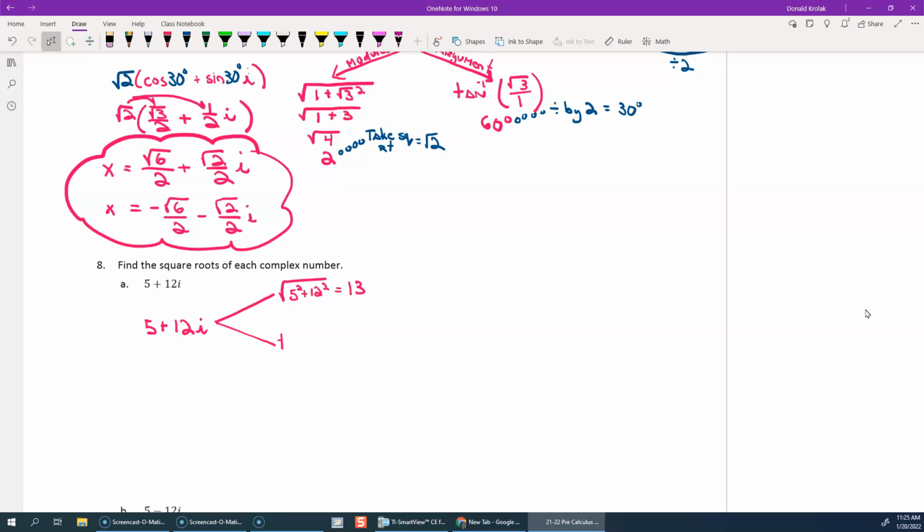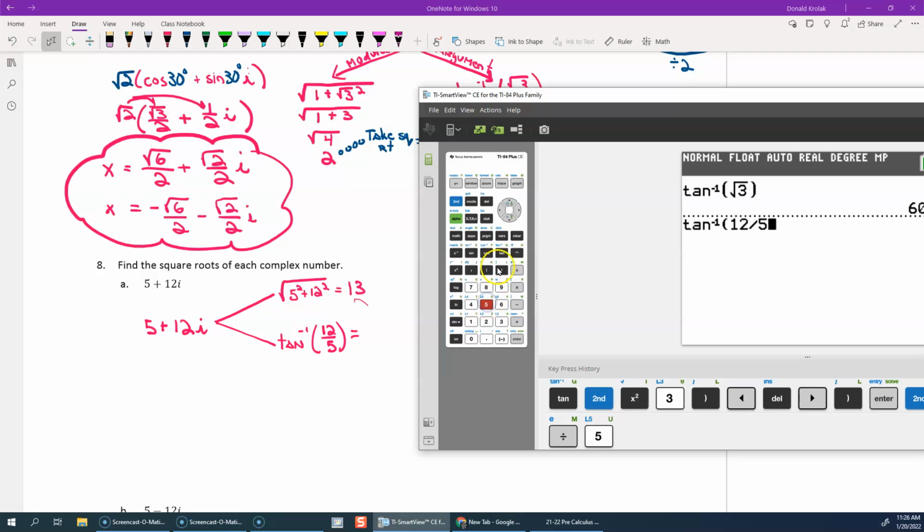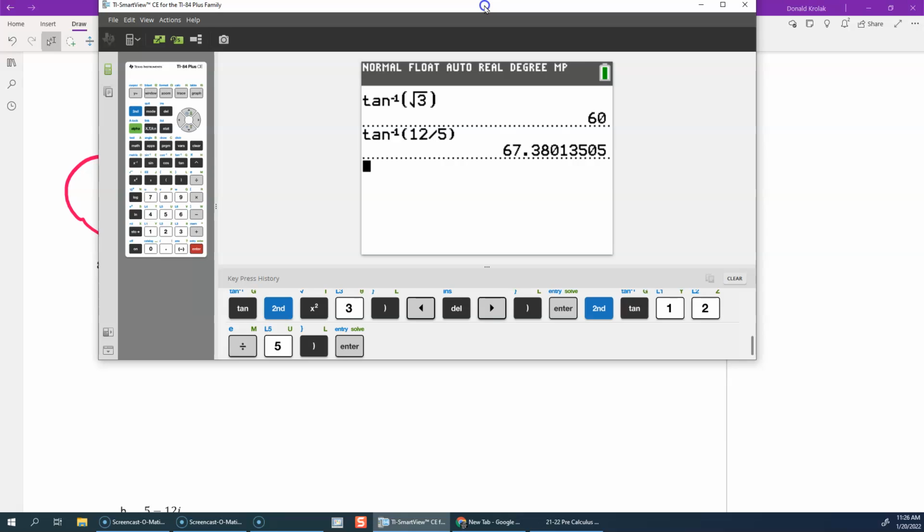And then the argument is going to be arctan 12 divided by 5. And that's that long decimal right there.